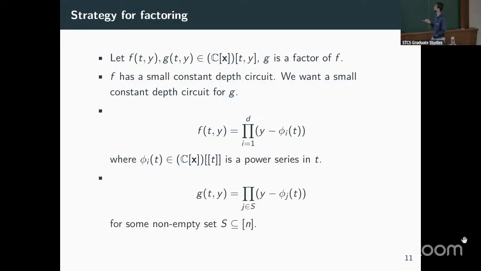And as you noticed earlier, g t comma y will be a product of some of the power series roots for some non-empty subset S of, okay, this should have been D. Basically I pick up some of the power series roots, multiply them, and I get G.